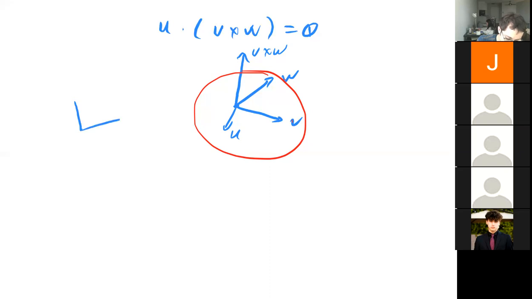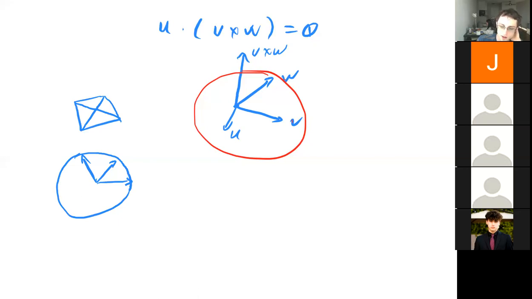Like consider the box. This is like a pyramid. These three vectors don't lie in the same plane because they define some sort of three-dimensional shape. But if we just take these three vectors that touch the edge of a circle, then they do lie in the same plane, okay? So that's what this is telling you.